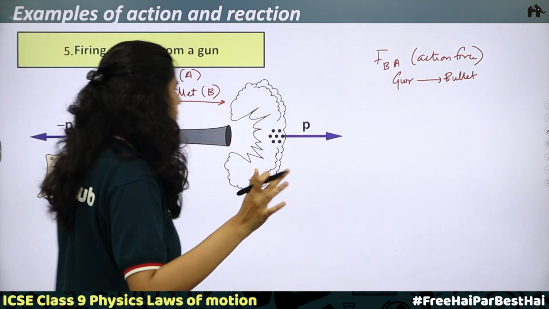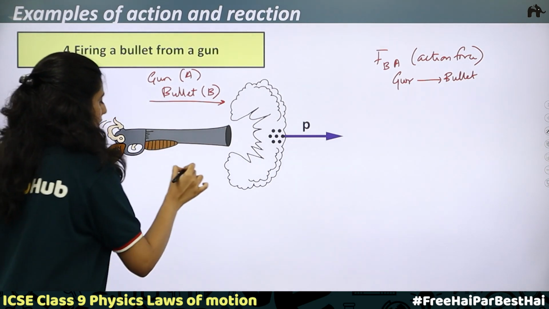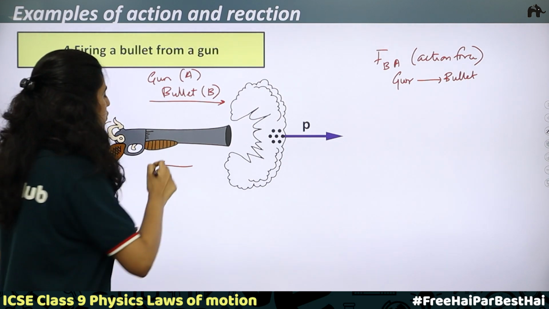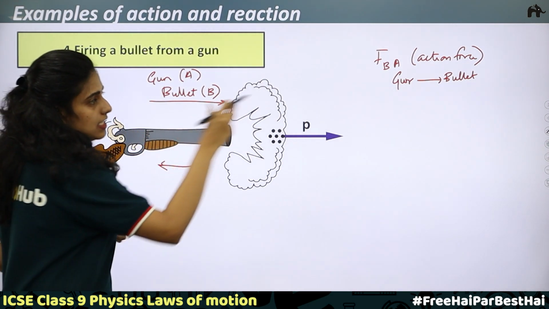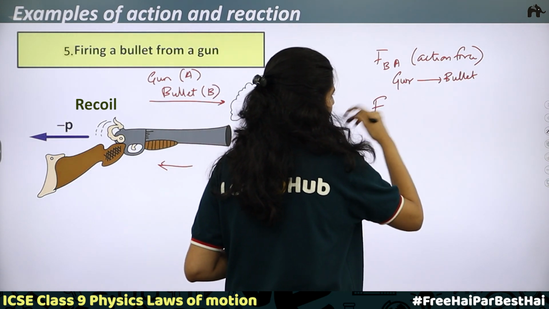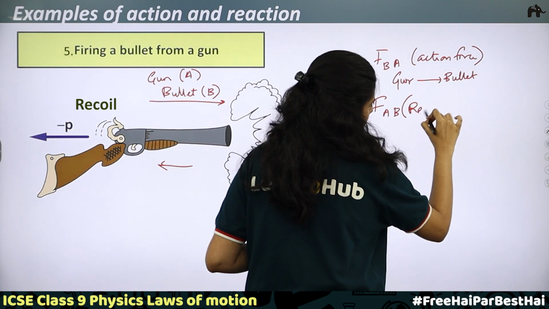When the bullet is moving forward, you will experience that the gun will be moving backward. There will be a sudden jerk and the gun will move backward. So what is the reason for the gun moving backward? This is the action force. There will be a force applied by the bullet on the gun, which is FAB. This is the reaction force.